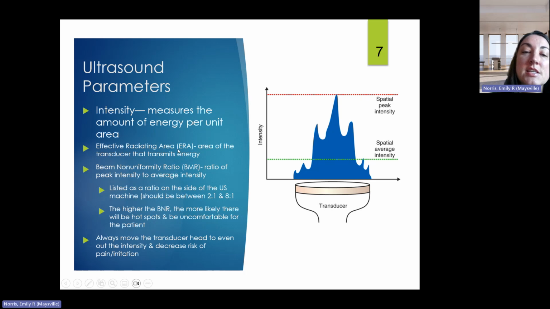With the intensity, this measures the amount of energy per unit area. The effective radiating area is the area of the transducer that transmits energy.